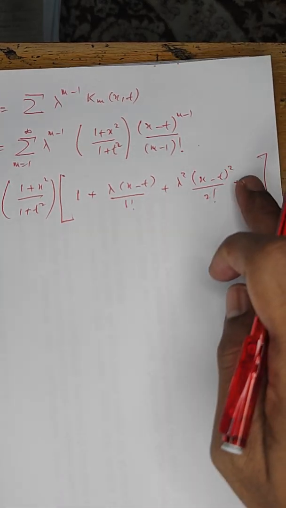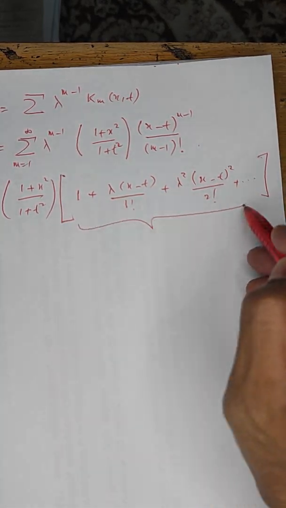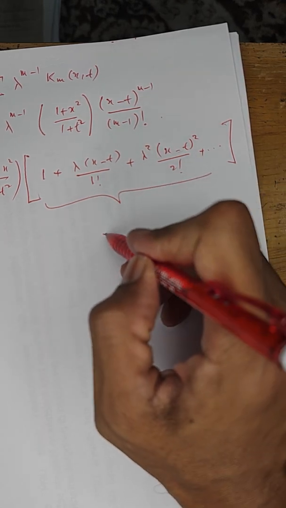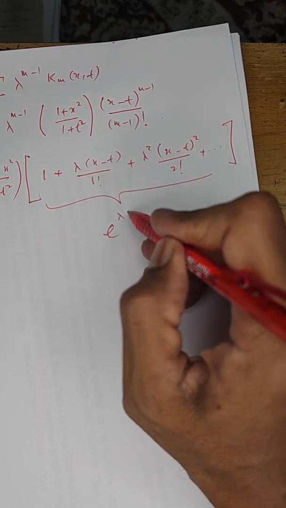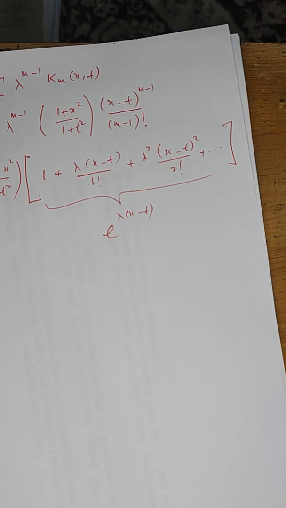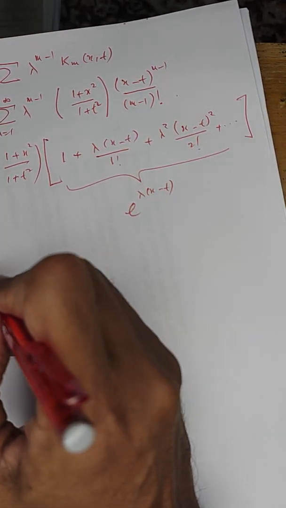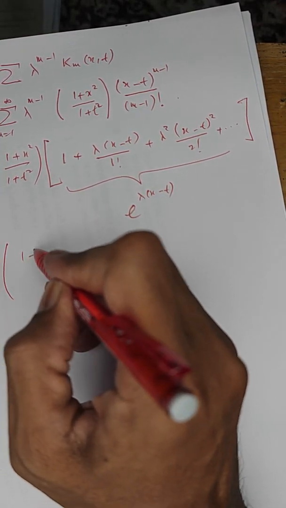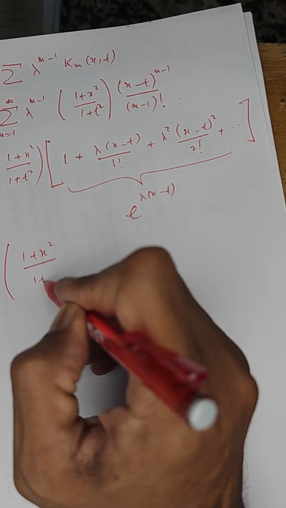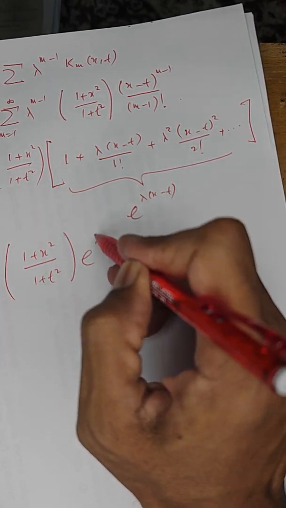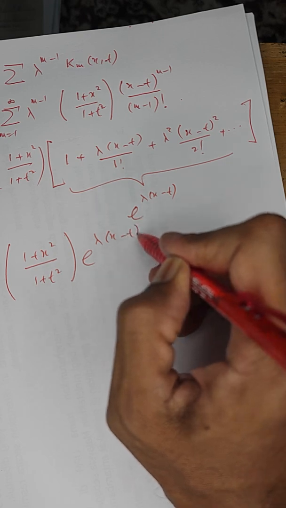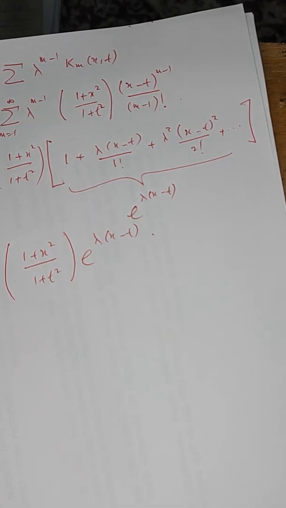This is the series for e^(λ(x − t)). So therefore this is equal to (1 + x²)/(1 + t²) e^(λ(x − t)). So that's the resolvent kernel.